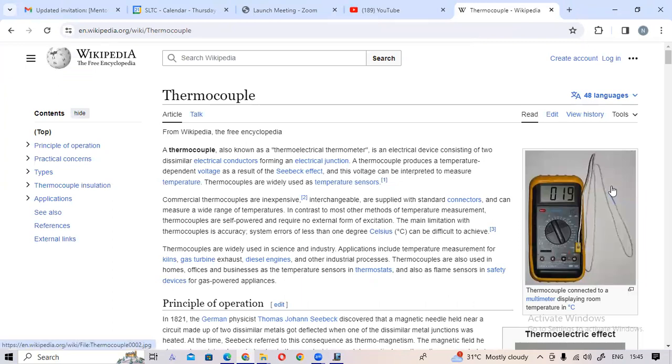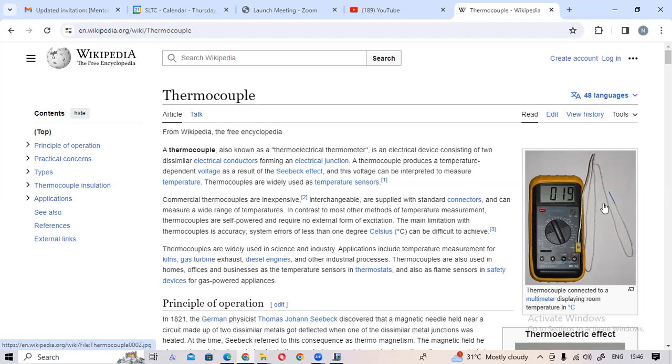So actually thermocouples are in our labs also. A thermocouple can be directly coupled to these multimeters, then the multimeter will show the temperature.